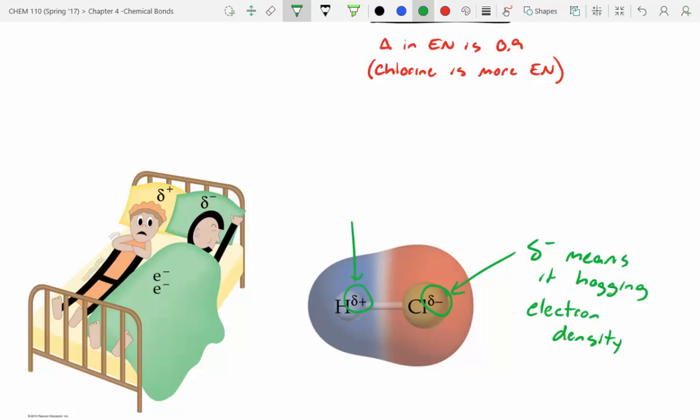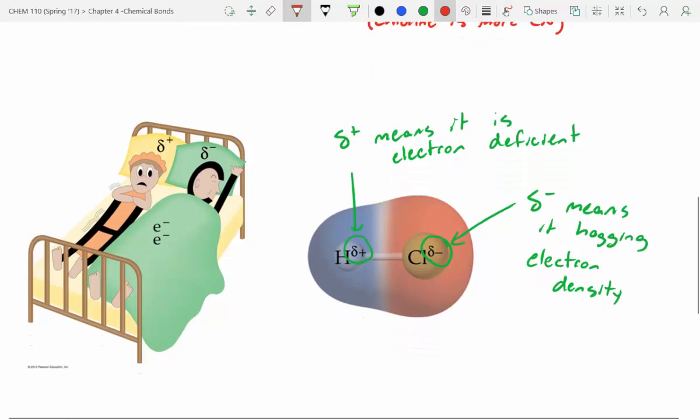And then we've got this delta positive symbol for the hydrogen over here, where delta positive means it is electron deficient. There's also another way of showing this. You can use the delta symbols, or you can use arrow notation.